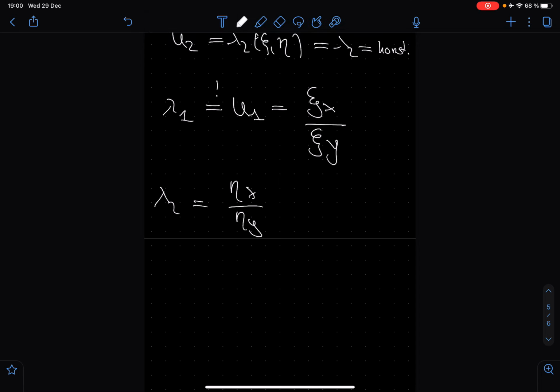You might see this if you solve it. I'm going to show you how to solve the first one, ξ, and then the same will be possible for η.